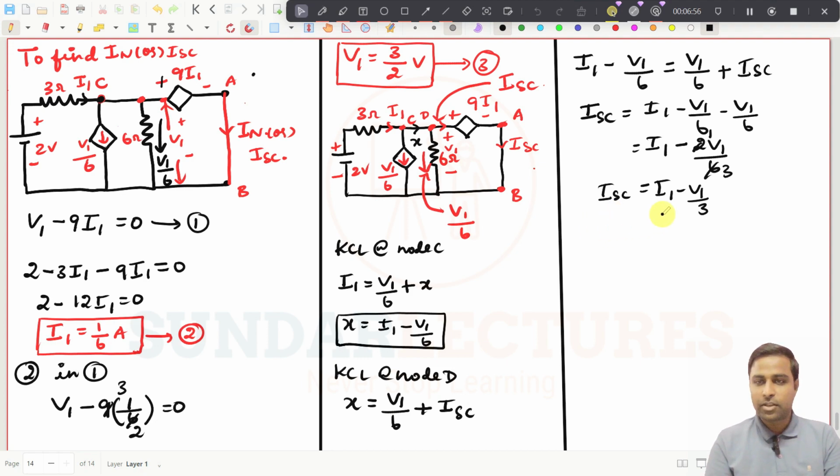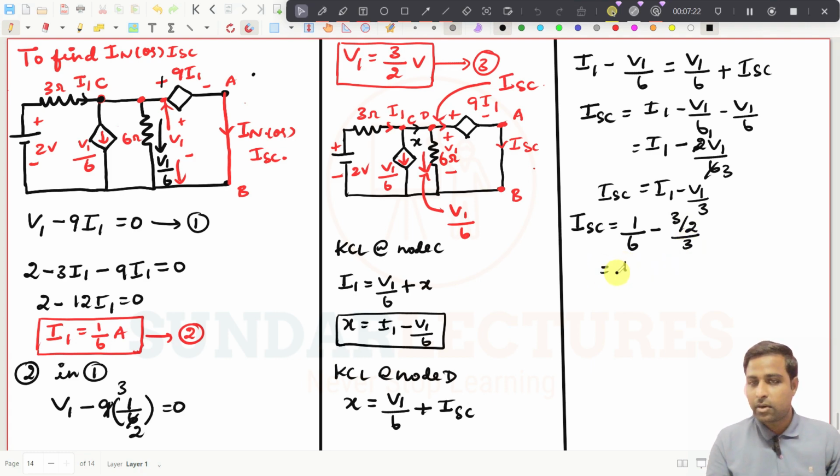We know what is V1, and we know I1 as well, so you just substitute in this equation. ISC should be equal to, what is I1? I1 is 1 by 6, minus V1, which is 3 by 2, divided by 3.